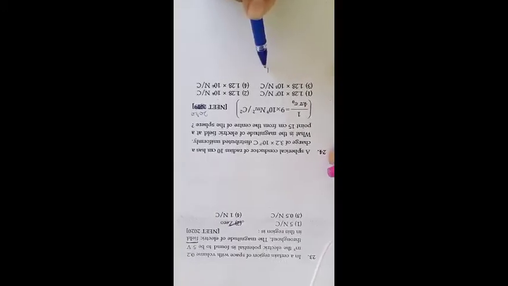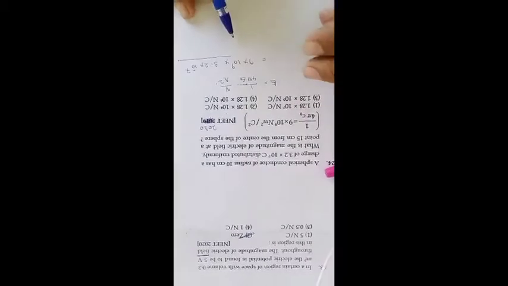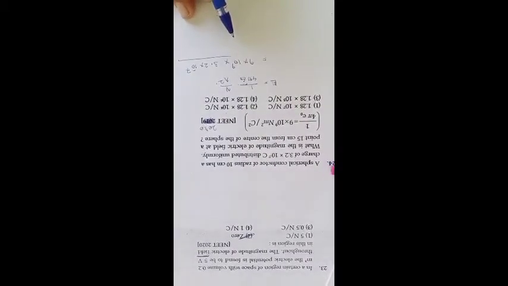Next, a spherical conductor is there, radius 10 centimeter, charge is distributed, and the point is at 15 centimeter. What is the field they are asking? So the point is outside, so the E value will be 1 by 4 pi epsilon naught q by r square. 9 into 10 power 9, 3.2 into 10 power minus 7, and the distance value will be r square.